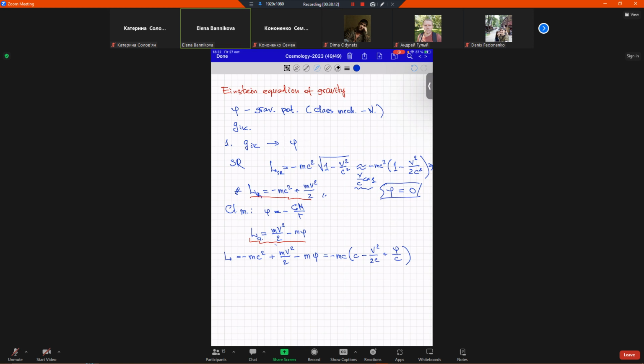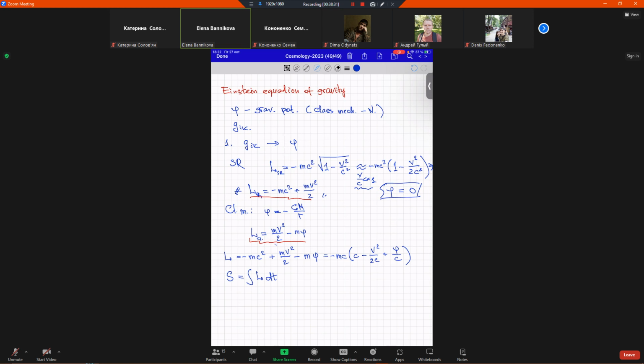So now, since we already have an expression for the Lagrangian, we can write the action. What is the action? The action is the integral of the Lagrangian by dt.